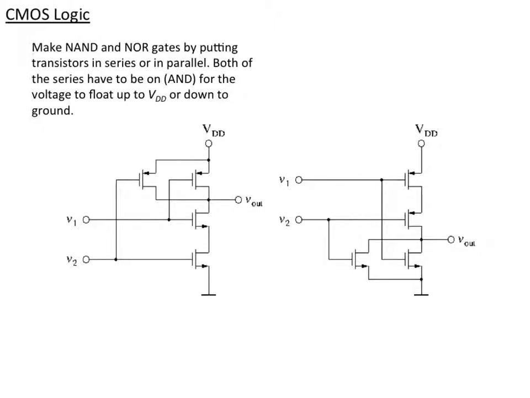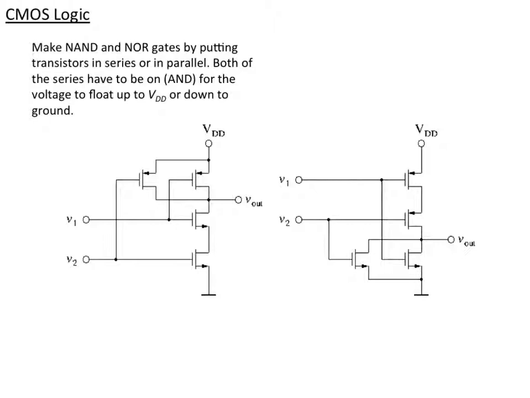If both V1 and V2 are high, meaning at VDD, then this transistor will be on, connecting this to ground. This one will be connected to ground, so this will also be on because there'll be a large threshold there, opening this up and pulling Vout to ground.